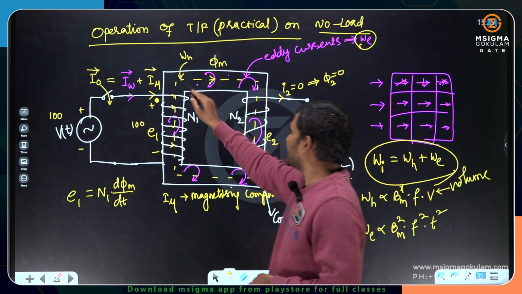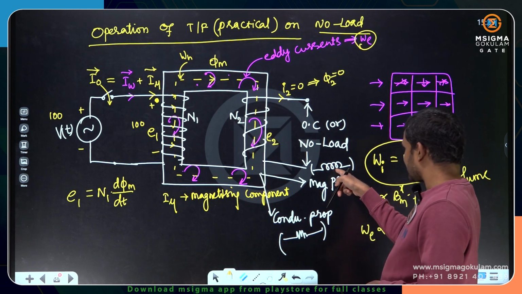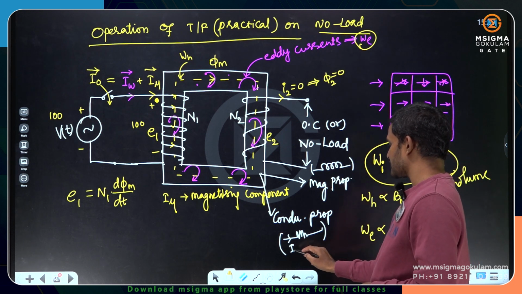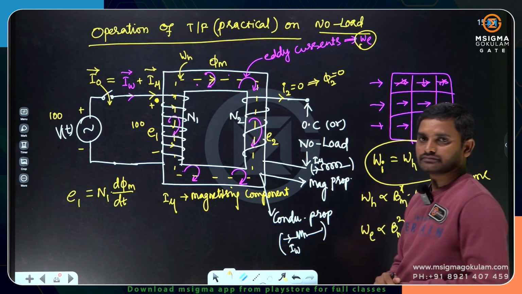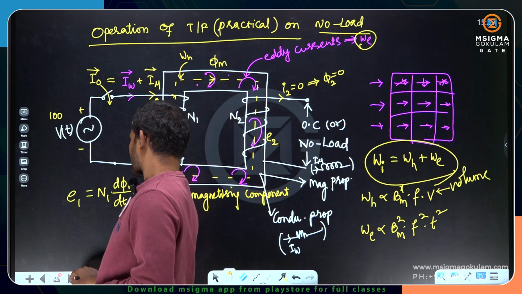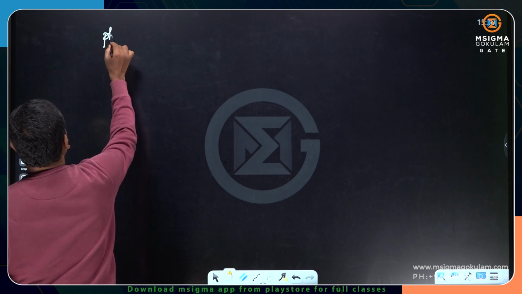Who is creating the magnetic field here? The magnetizing component of current. So inside the inductor I can represent I mu, and inside the resistor I can represent IW. These are core natures I am writing.